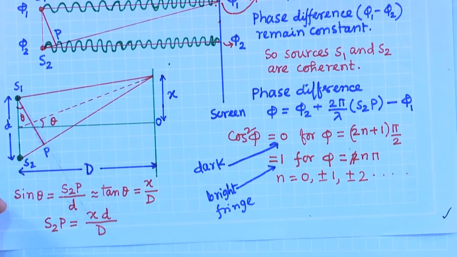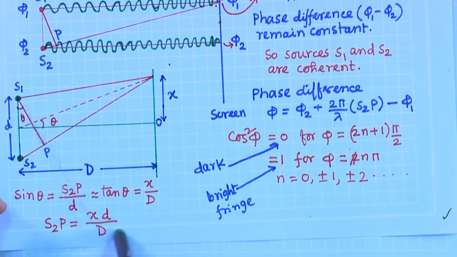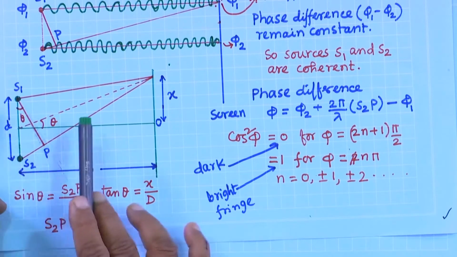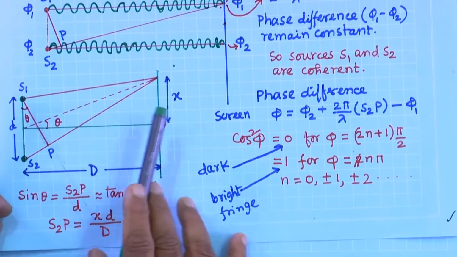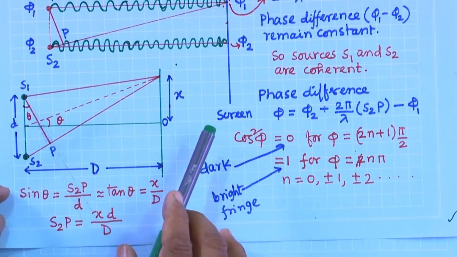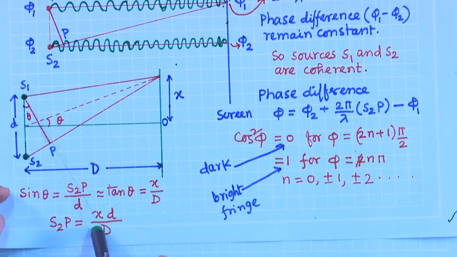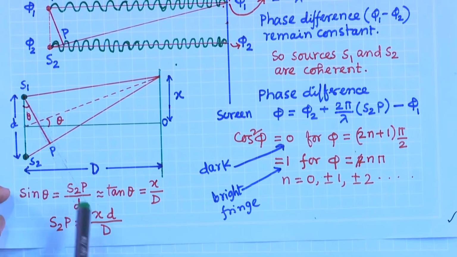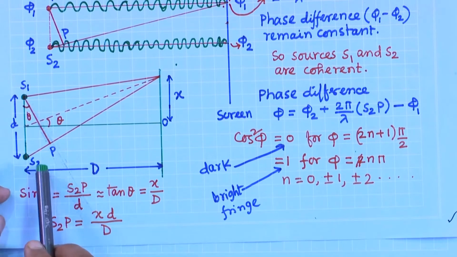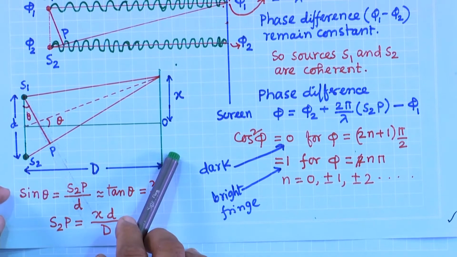Okay. So this is a very common relation for this type of experiment. Basically, this relation is valid whenever two sources are there, their distance is known, and the distance of the screen from the source is known.